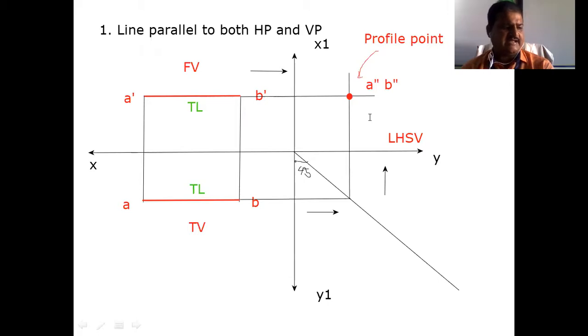Number 3, LHSV or RHSV is a point view, which can be observed in the profile plane.